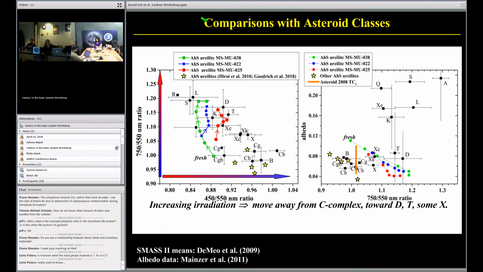The only space weathering experiments that have been done on ureilites are these three that we did. Yeah, those stars come from published spectral data for other Almahata Sitta ureilites, including some of my own work, but they have not been laser irradiated. Okay, cool, thanks.